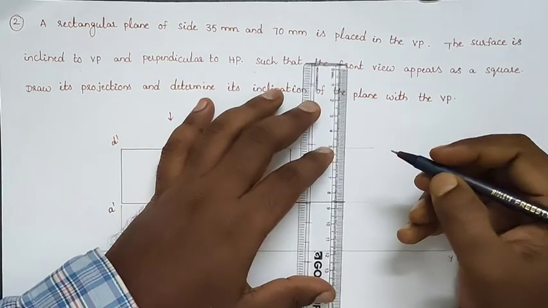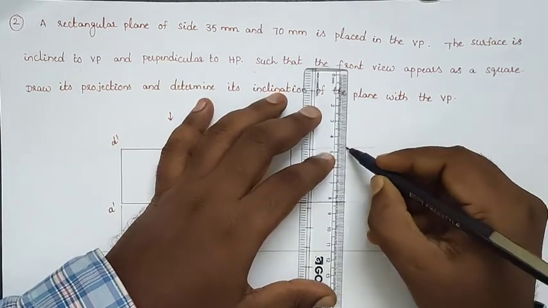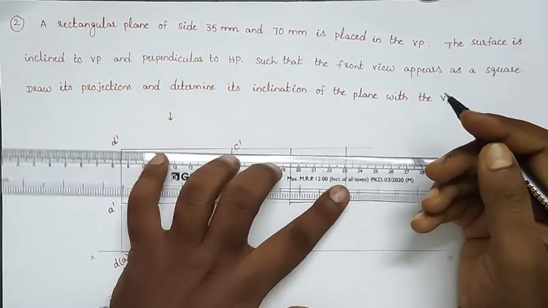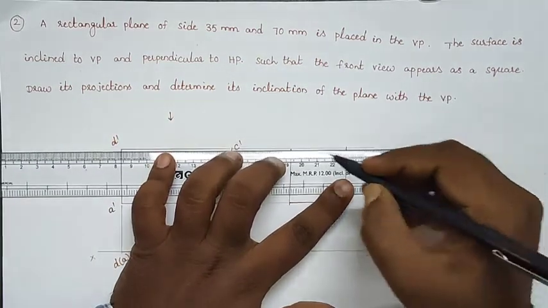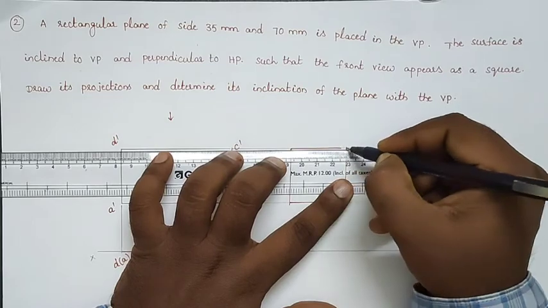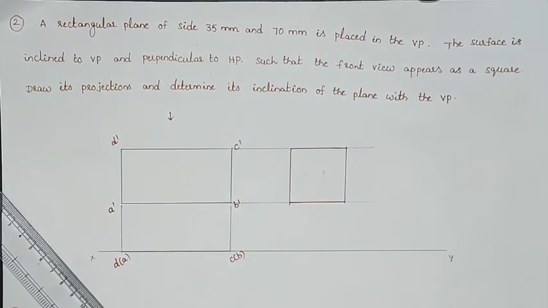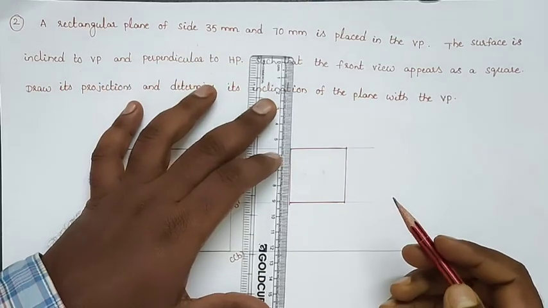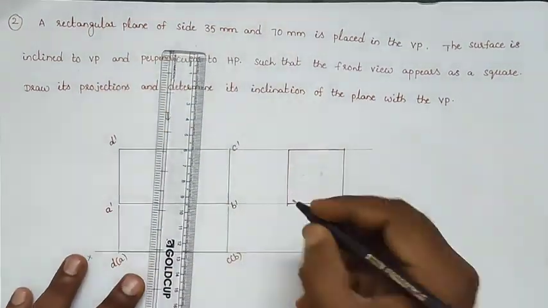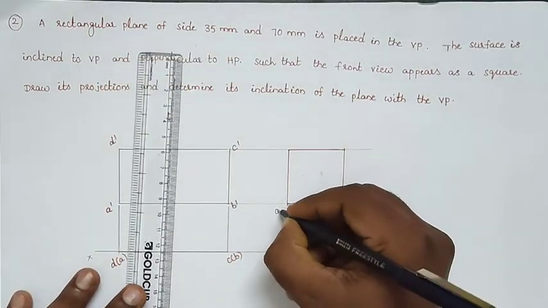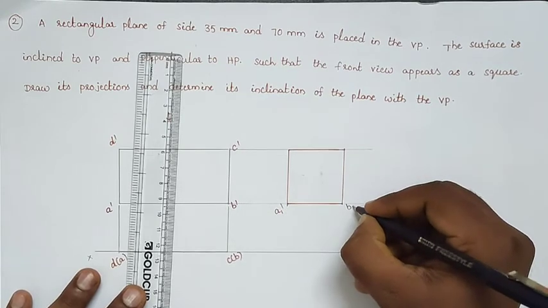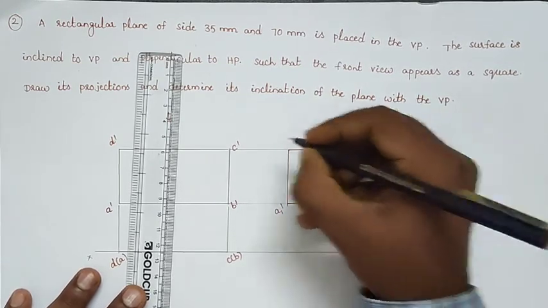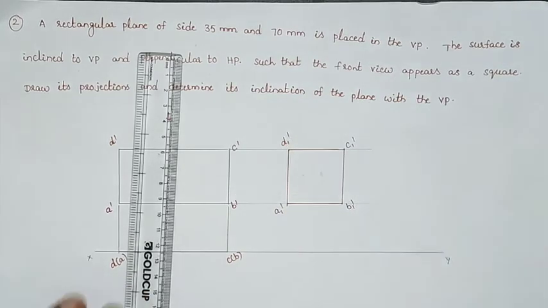We will draw a square because they are giving that the front view appears as a square. So we will construct a square from the projections of the first front view with the dimension of the breadth of that diagram. After drawing the second front view, I am giving the notation: A1 dash, B1 dash, C1 dash and D1 dash.